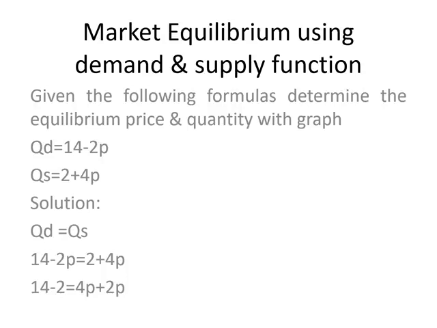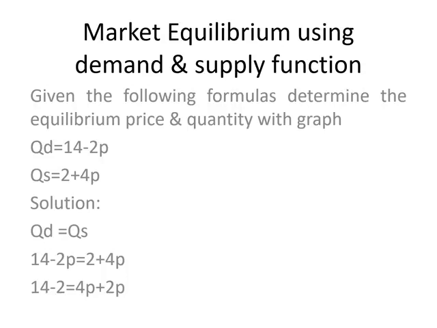So 14 minus 2, I'm going to move 2 to the other side with a negative relation. On the right-hand side, I have 4P, and I'm going to move 2P to the right-hand side. So 14 minus 2 equals 4P plus 2P.